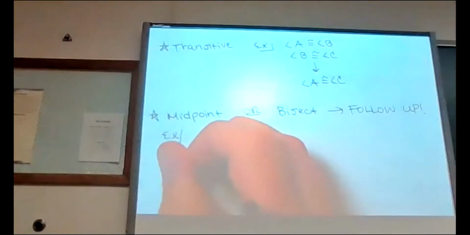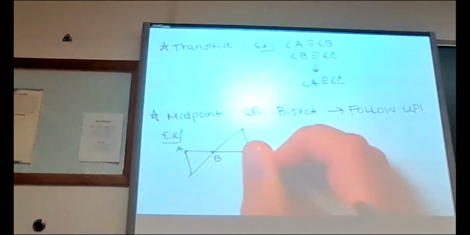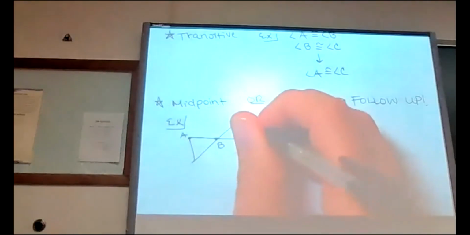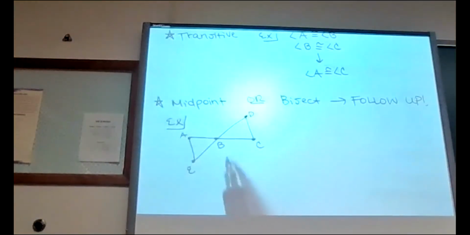Examples. A, B, C. I just went down the row here. And then I'll go D, E. So label your diagram as I labeled mine.